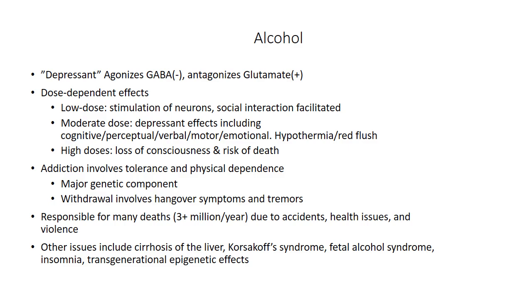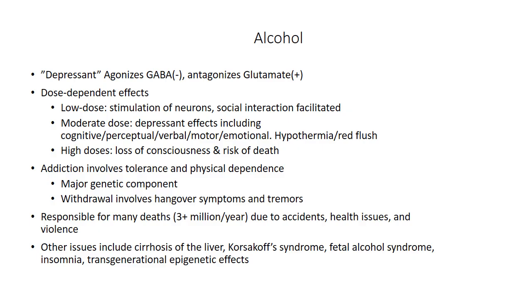In terms of psychology, though, the effects are kind of dose dependent. So at a low dose, the neurons actually kind of stimulate in response to a low dose of this depressant, kind of in reaction. And social interaction is actually facilitated with low doses.